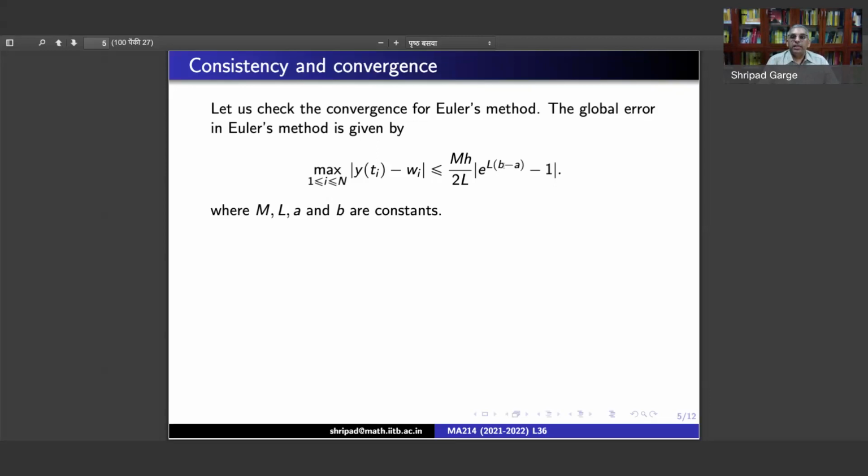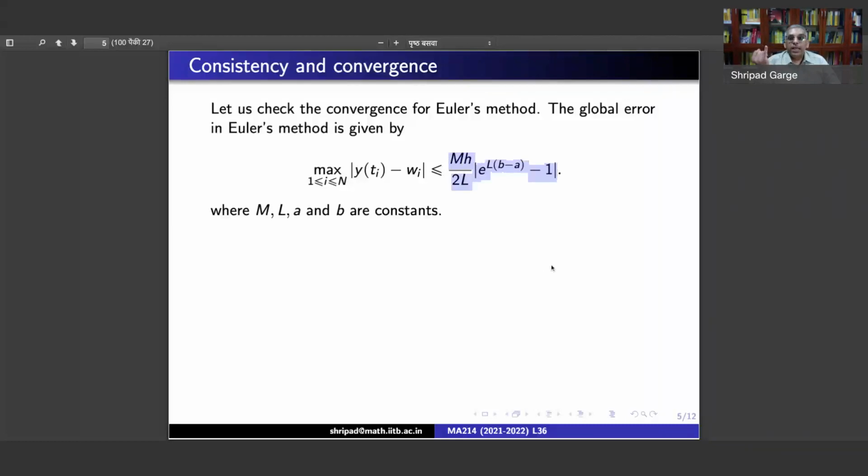Here we had ti. When we had |y(ti) - wi|, instead of that b in the exponential, we had ti. But if you are looking at the maximal one, then we replace it by b, and this is going to be an upper bound for our global error.